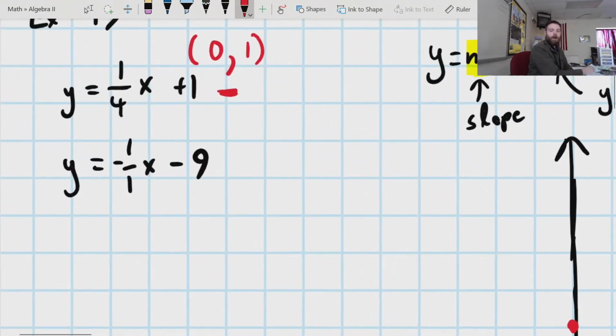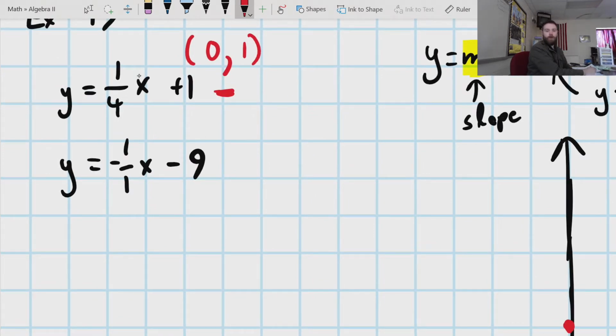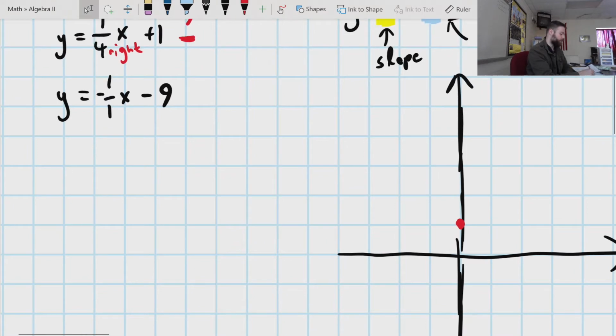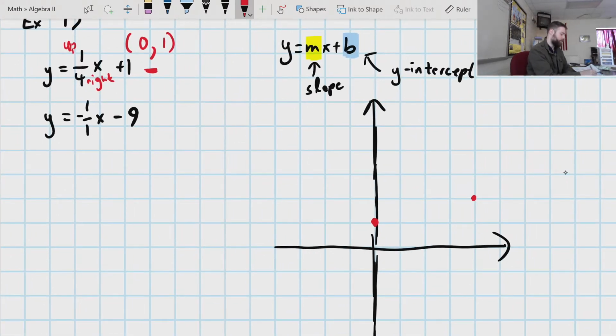And then from there, I'm going to use my slope, which is my rise over my run. So this tells me to go up 1 and right 4. The negative or positive tells you to go up or down, and then the bottom always tells you to go right. So from this point, I'm going to go up 1 and right 4. And from that same y-intercept, I can go down 1 and left 4. So that pattern continues.